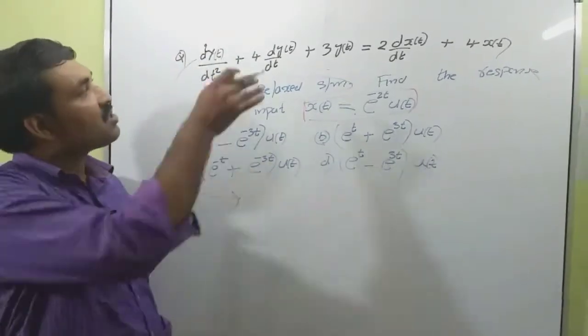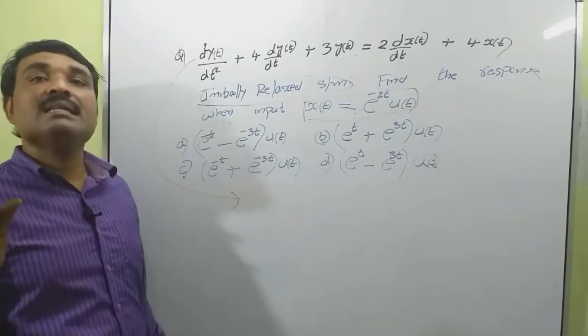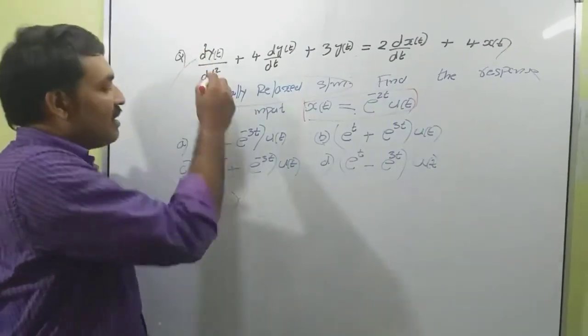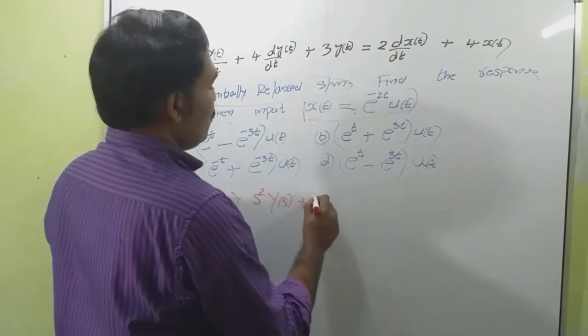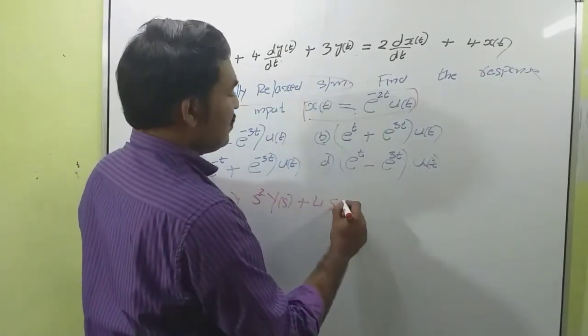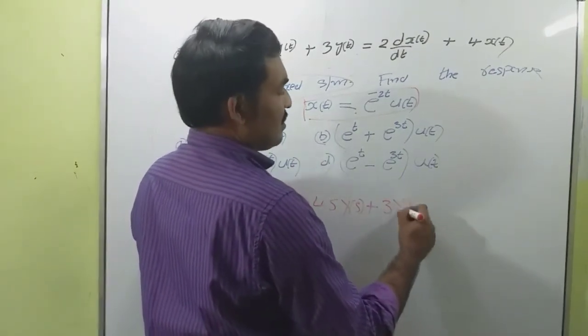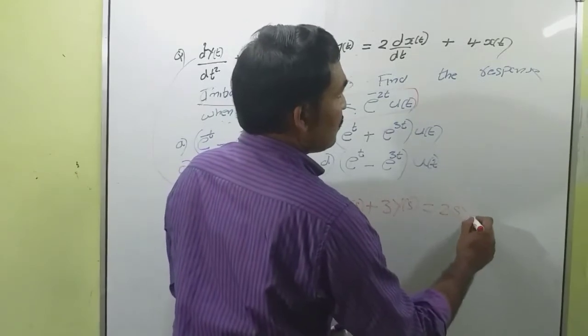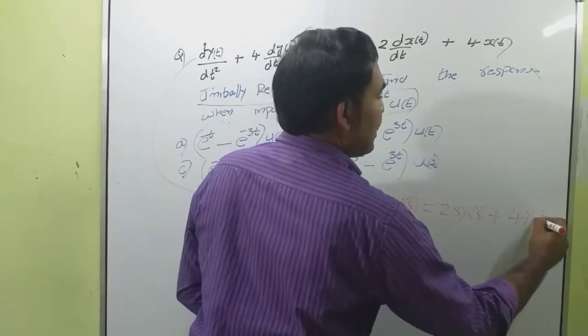So take the Laplace transform on both sides of the equation by assuming 0 initial conditions. So we get s square into Y(s) plus 4 into s into Y(s) plus 3 into Y(s) is equal to 2s into X(s) plus 4 into X(s).